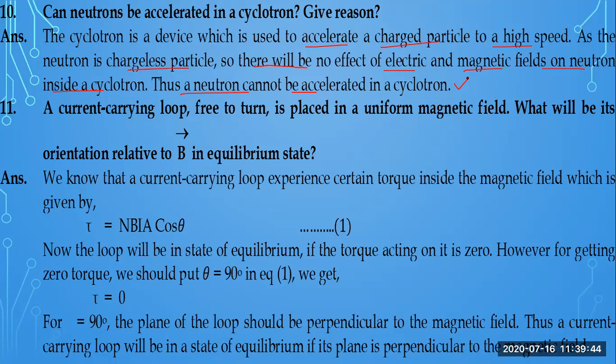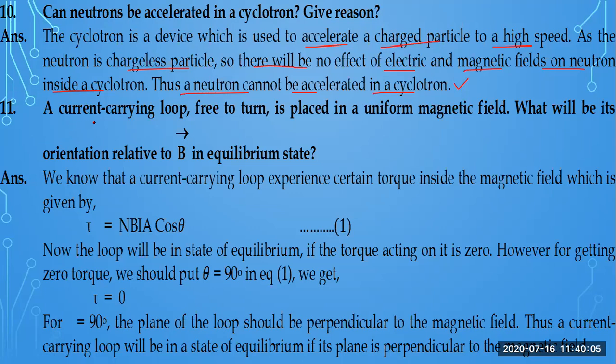It is not carrying any type of charge. So that's why there will be no effect of electric and magnetic field on the neutron inside the cyclotron. Thus the neutron can't be accelerated in a cyclotron. So this is the reason.